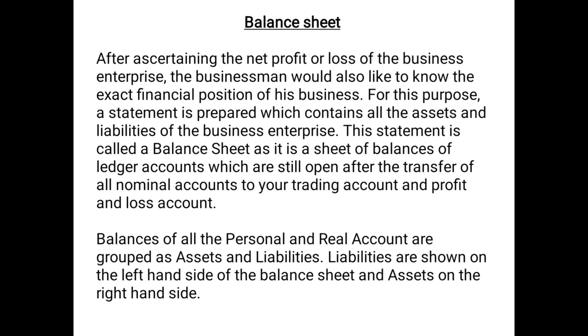We have already discussed the types of accounts in the double entry system chapter, and there we studied that there are three types of accounts: personal, real and nominal. Nominal accounts are shown in the trading account and profit and loss account, and all the personal and real account balances are classified or grouped into assets and liabilities. Liabilities are shown on the left hand side of the balance sheet and assets are shown on the right hand side.